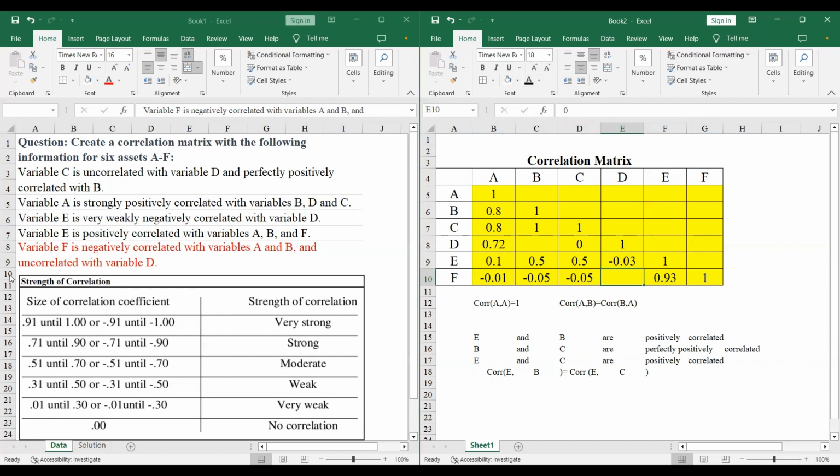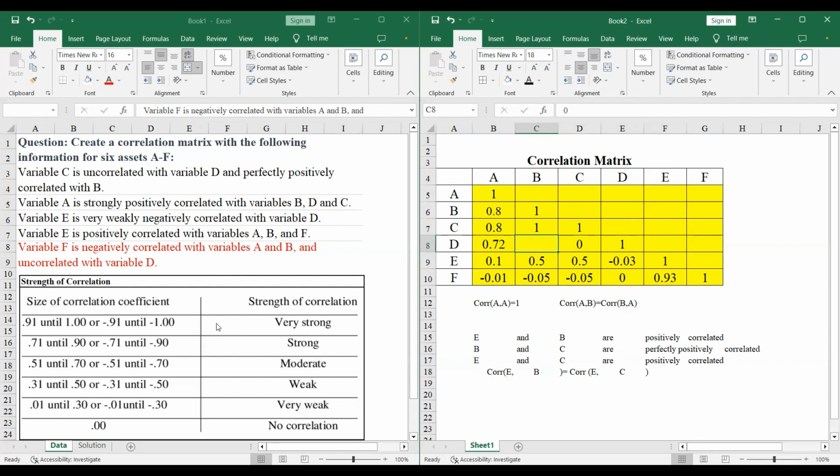The last thing we know is F is uncorrelated with D. F and D are uncorrelated simply means this is 0. Now you might notice I've left something over here. Do we have any information on B and D?